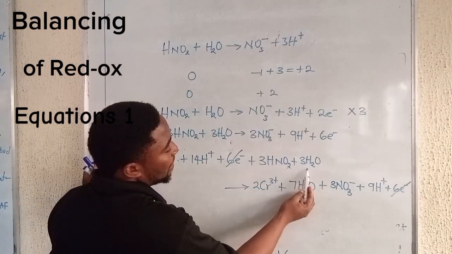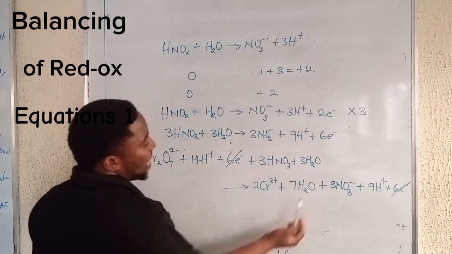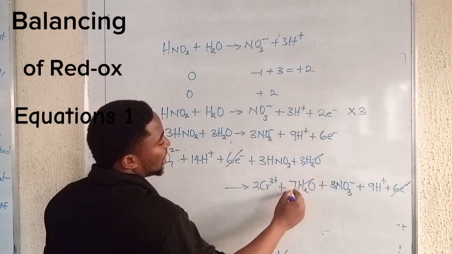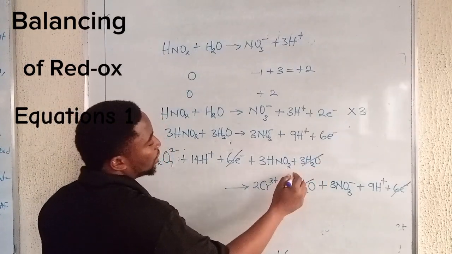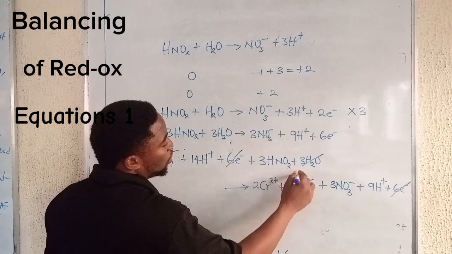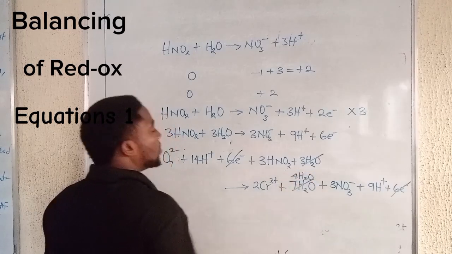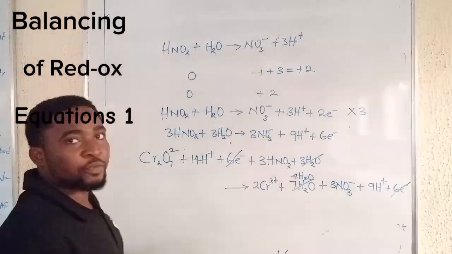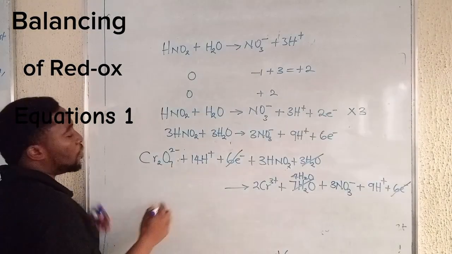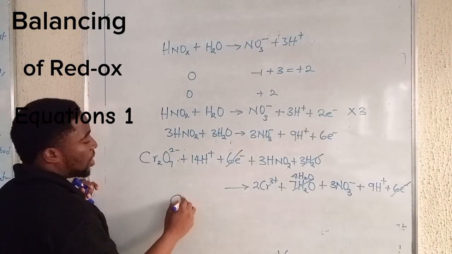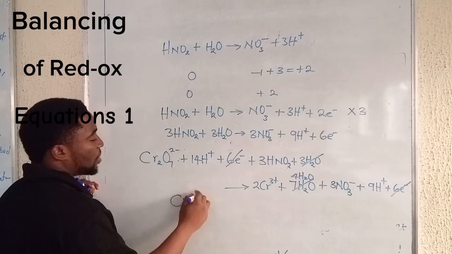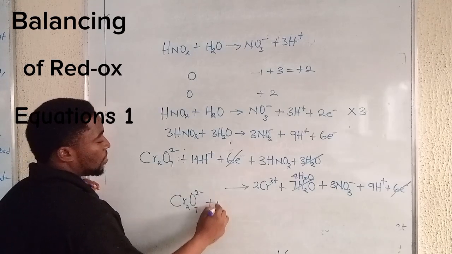You can see about 3 moles of water, and here we have about 7 moles of water. So removing 3 moles of water from 7 moles of water, it will remain 4 moles of water. Okay, so I have removed water from the equation, but it's still remaining about 4 moles of water. So the overall redox reaction will now look like this.